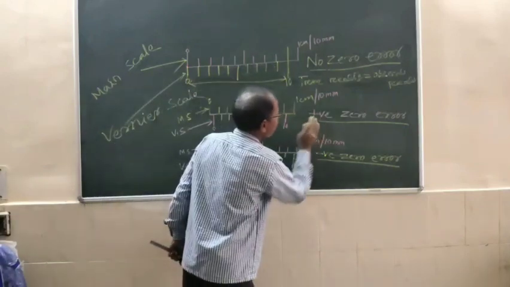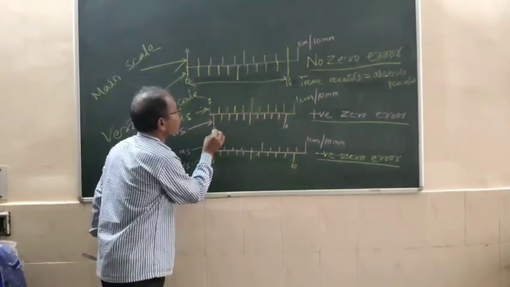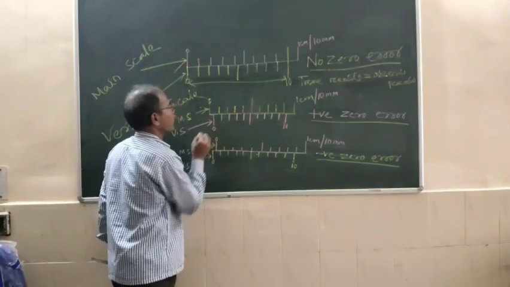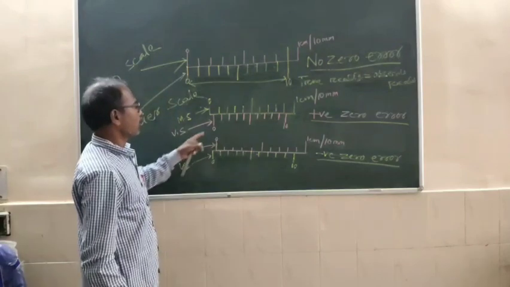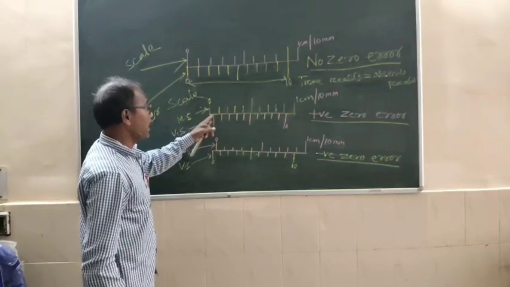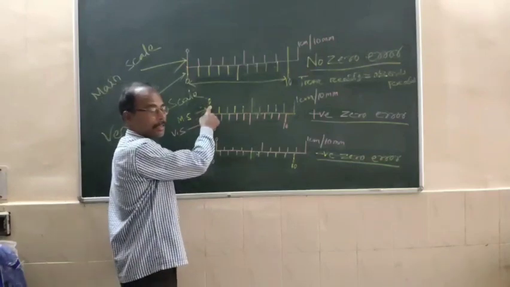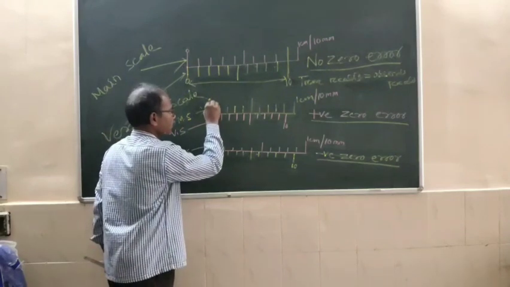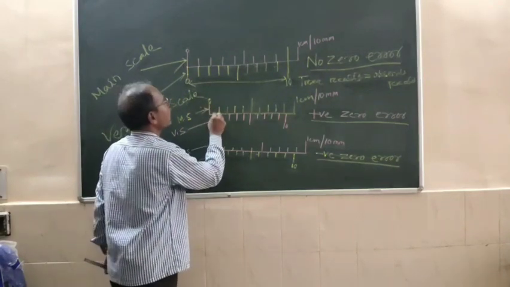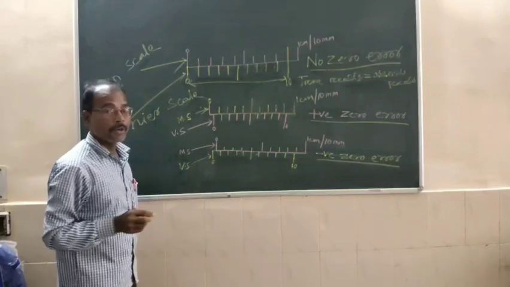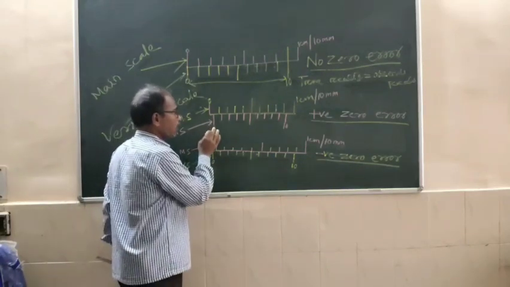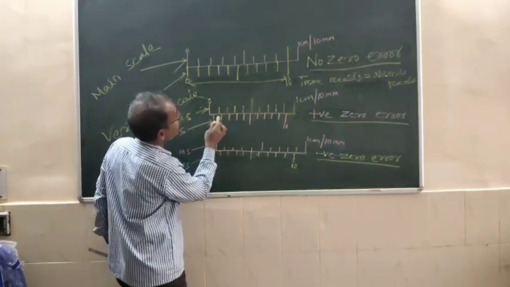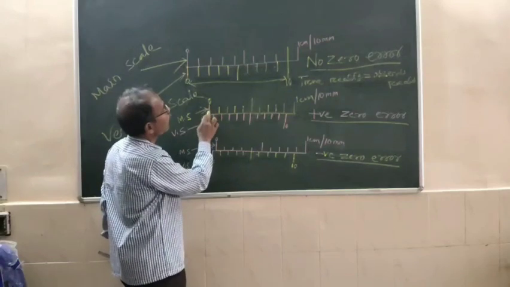Then positive zero error. When the zero of the vernier scale lies to the right of the zero of the main scale, it is known as positive zero error. This one is the zero of the main scale, this one is the zero of the vernier scale.